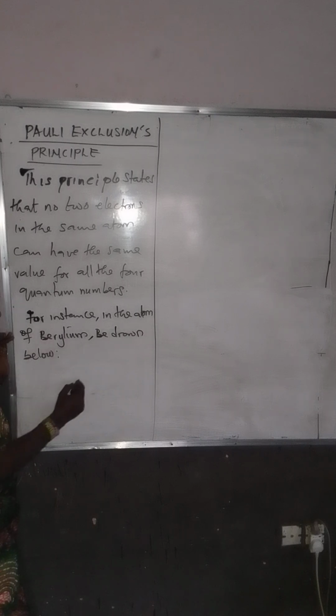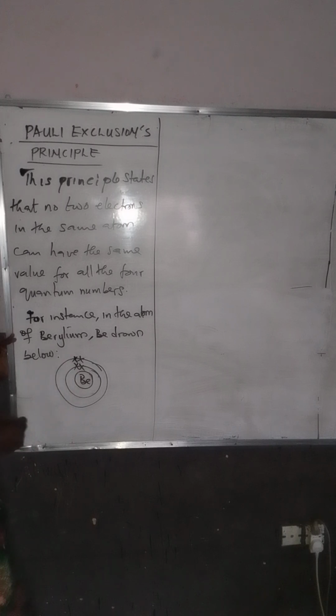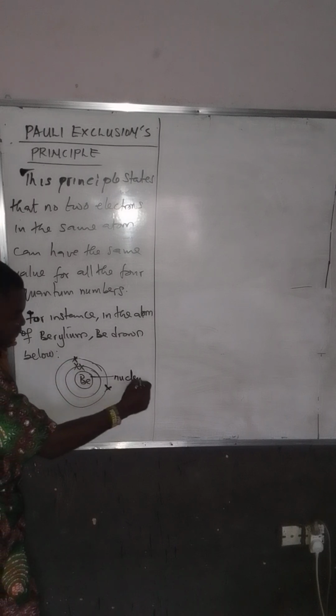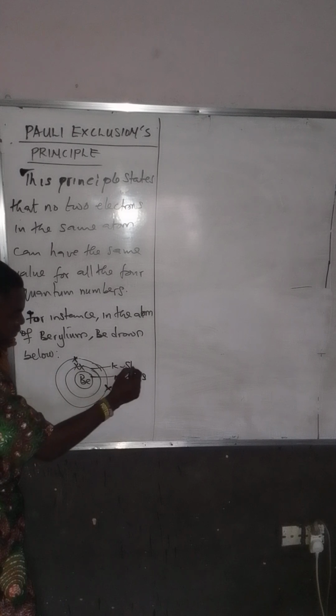Beryllium is 1s2 2s2. This is the atom of beryllium. This is the nucleus. This is the K shell, and this is the L shell.